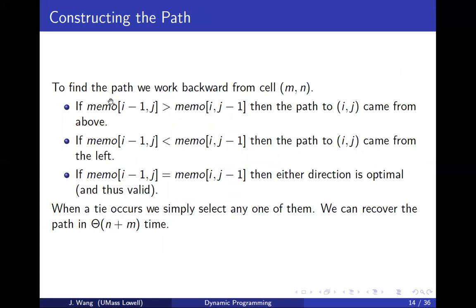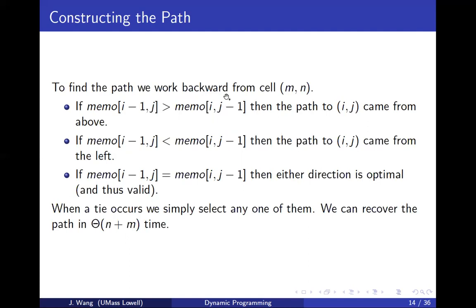All right, so next is to find the paths. We can work backward from cell (m,n), the lower right corner. So that means if in the memo, (i-1,j) is greater than (i,j-1), then the path to (i,j) came from above, okay?